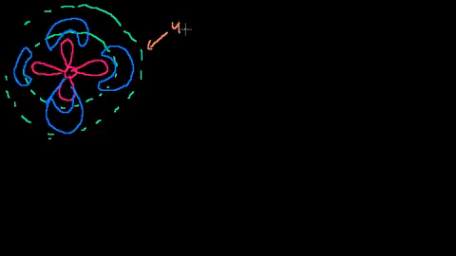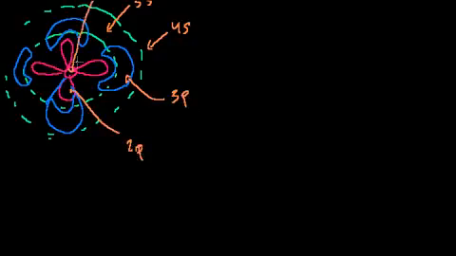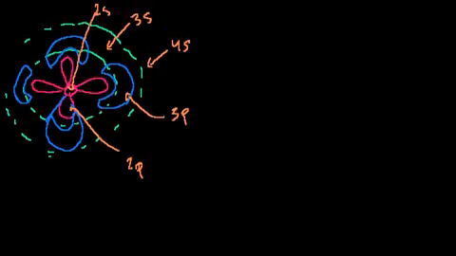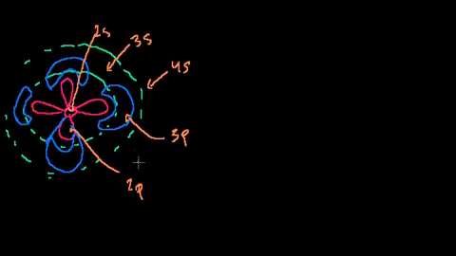And then you're in the fourth shell, and the s subshell might look something like that. And then instead of immediately starting the next p shell, you're in the d block now. Let me write some labels. So this is 4s, this is 3s, this is 3p, this is 2p, this is 2s. And then 1s is inside of 2s, so you don't have to worry about that too much.